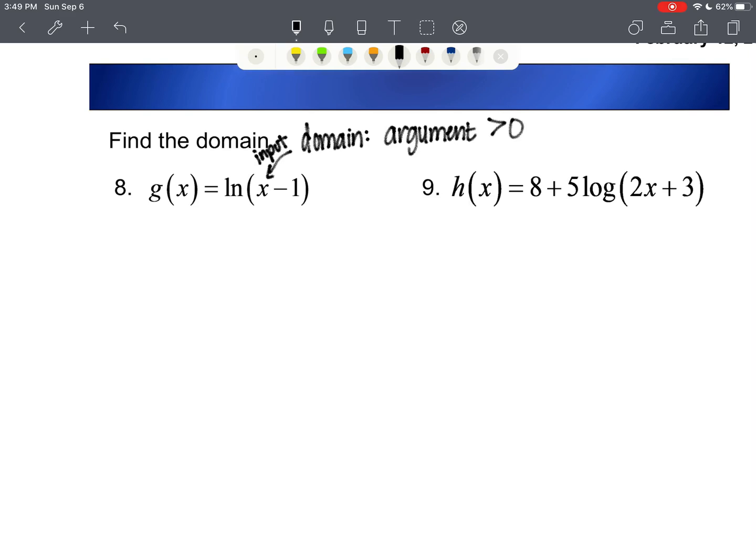So that means our domain here is going to be x minus 1 is greater than 0. So you set your argument greater than 0, not just the x value. What inputs am I allowed to put in that are going to give me an argument that's greater than 0? So x is greater than 1, we add 1 to both sides. So my domain for this function is 1 to infinity.